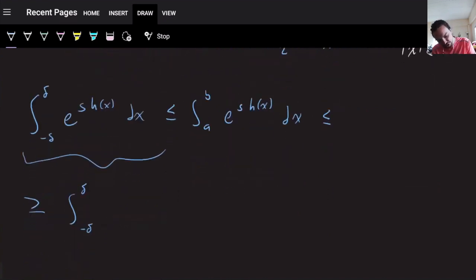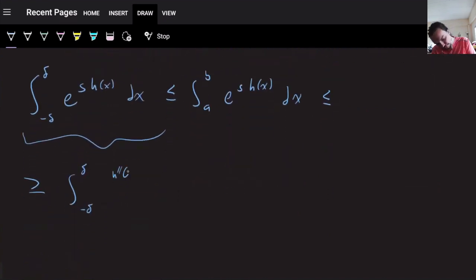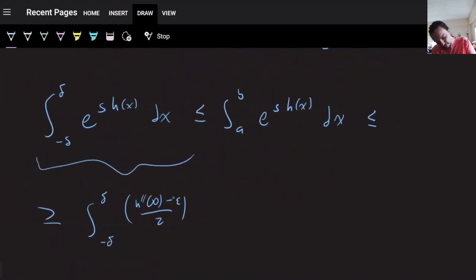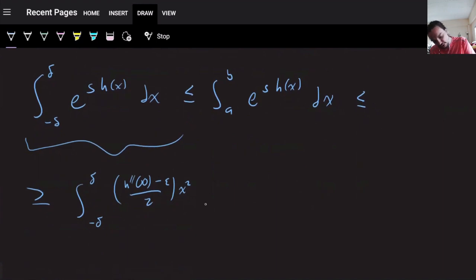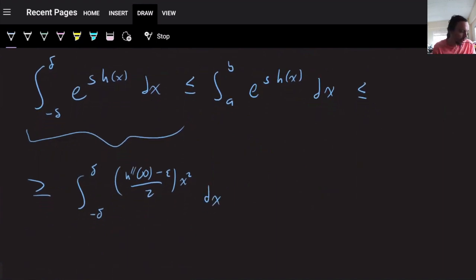So if I replace this, I get h double prime 0 minus epsilon over 2 x squared, and dx. All right.